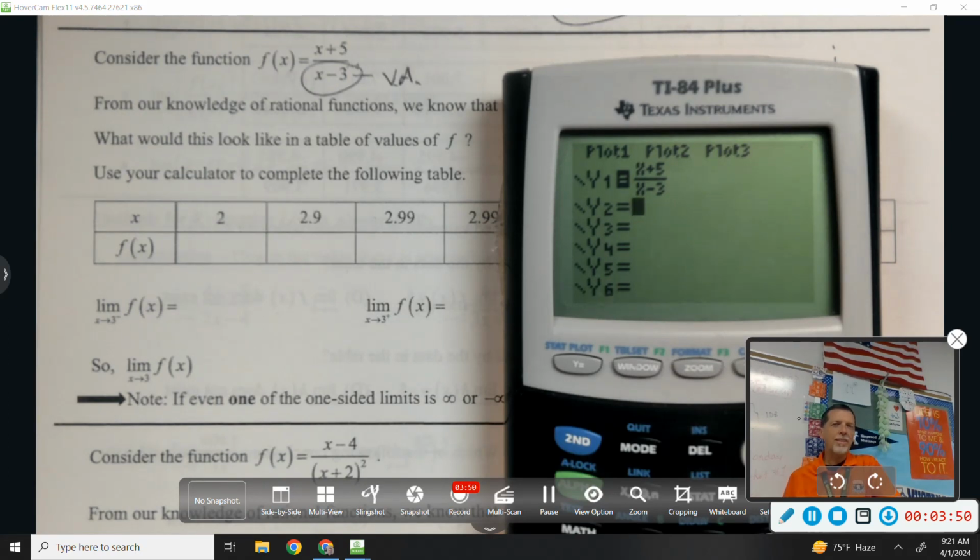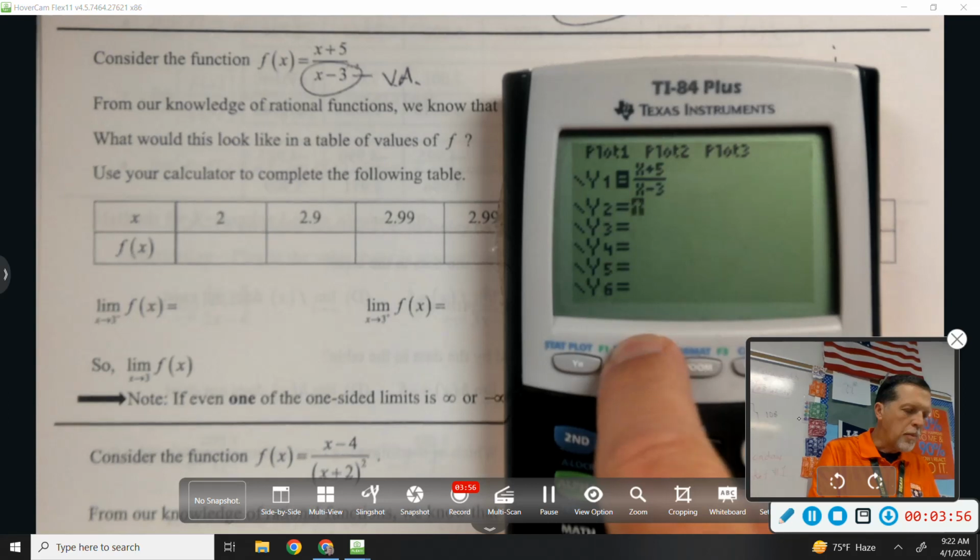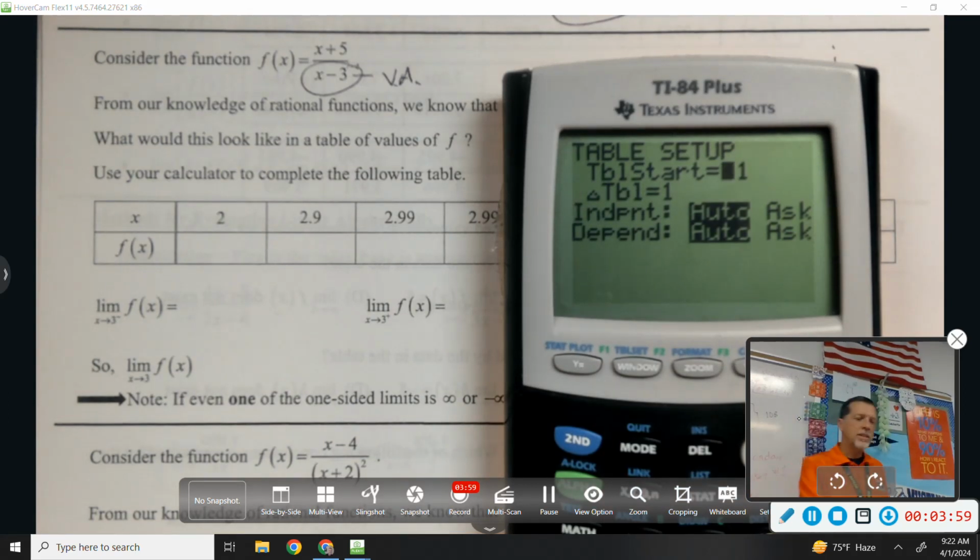Now I could type in all of those things, but the table would be nice. But go to table set and let's change the independent, right? The x is the independent variable, y is the dependent variable.